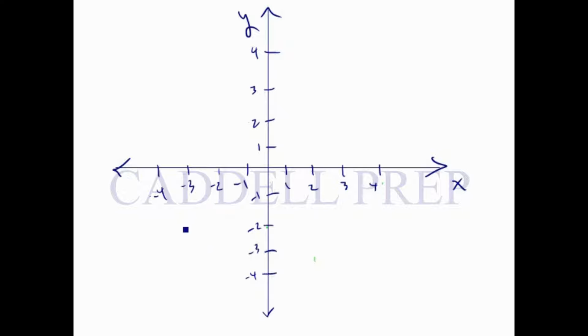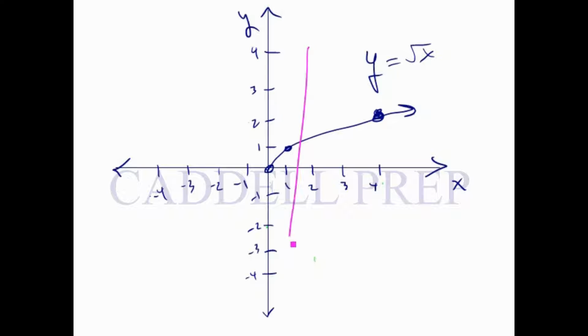Let's look at another example. Let's say we have this function. We have a point here, and a point here. It looks something like this. This is actually the graph of y equals the square root of x. We're going to see if it's a function or not. Does this pass the vertical line test? Well, anywhere we draw a vertical line, it only intersects in one spot. But what happens over here?